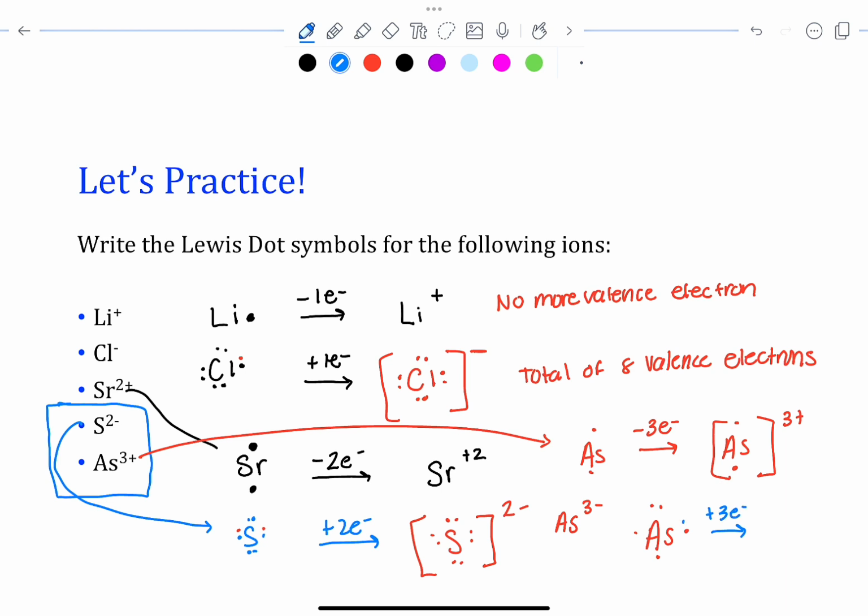Those 3 electrons are going to go here, here, and here to pair up with our 3 unpaired electrons. So our Lewis dot then becomes arsenic with 1, 2, 3, 4, 5, 6, 7, 8 dots and a 3- charge. So we can show it either way: as having a 3+ charge and 2 dots, or with a 3- charge, having all 8. As long as you're abiding by the charge, whether there's a typo or not, then you are good.